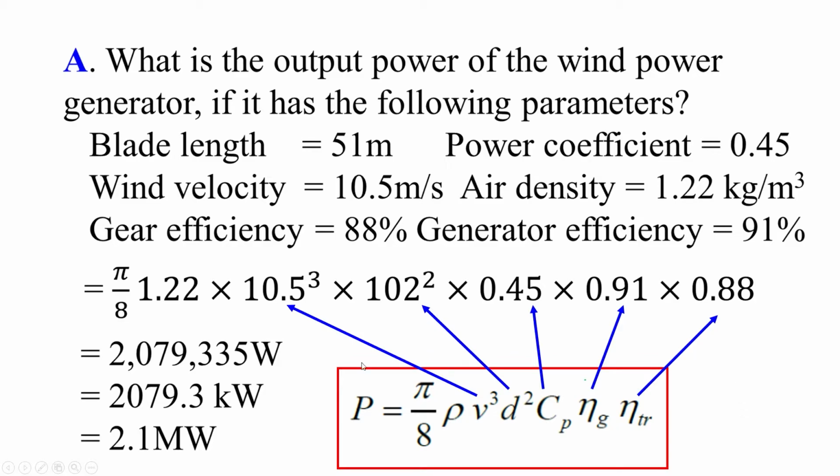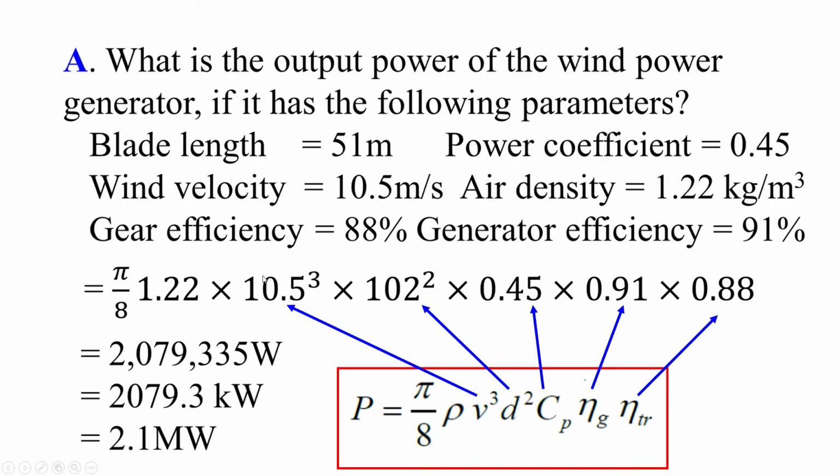So with the equation what I explained before, the power output, you need these parameters: rho, the density of air 1.22, and the wind velocity, that is given as 10.5. You have to use 10.5 to the power 3. And remember, this is the diameter, not the blade length. So the diameter is 102, and power coefficient, that is 0.45, and these two efficiencies, generator efficiency, that is 91%, and gearbox efficiency, that is 88%.